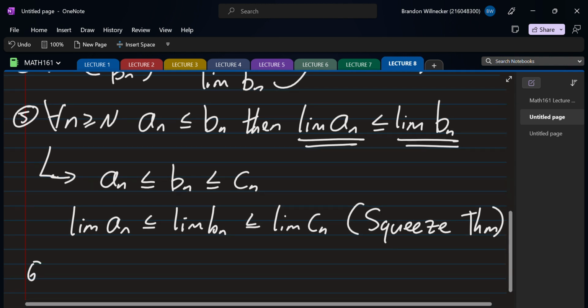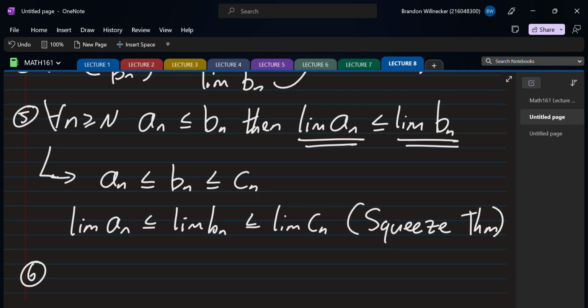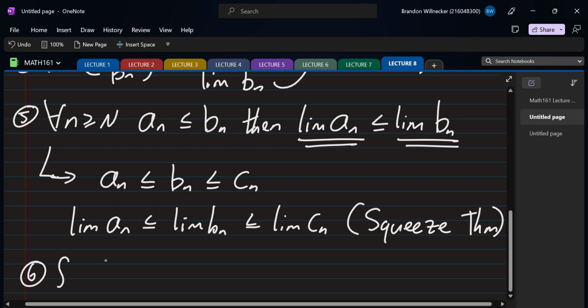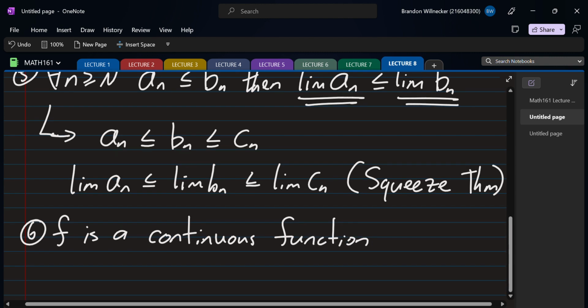Okay, and number 6, the last property that we're going to go through today. We may add more properties later, but these should be enough to answer some questions. Okay, so let's say f is a continuous function. Okay, so we know what continuous function means. That was covered last year.